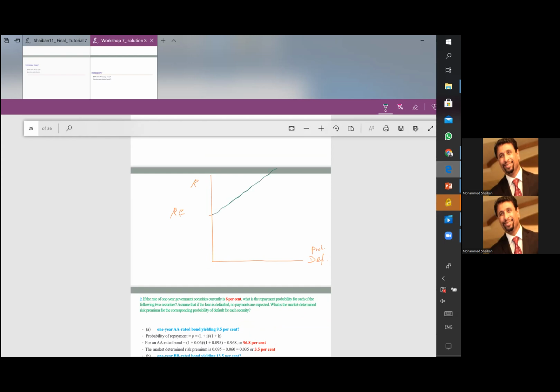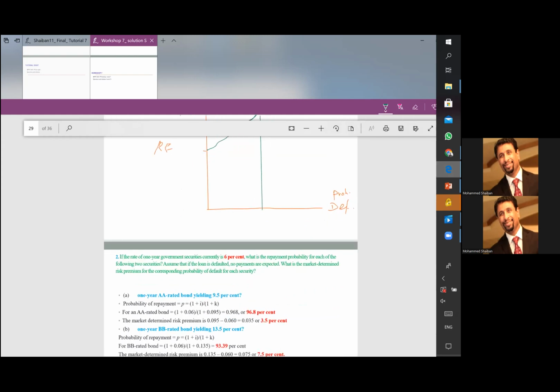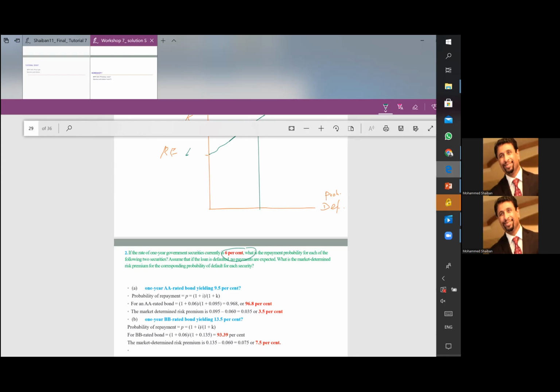Now, if there is a company here, like here, the probability of payment is like this. So here we have 6% the risk free. This is 6%.